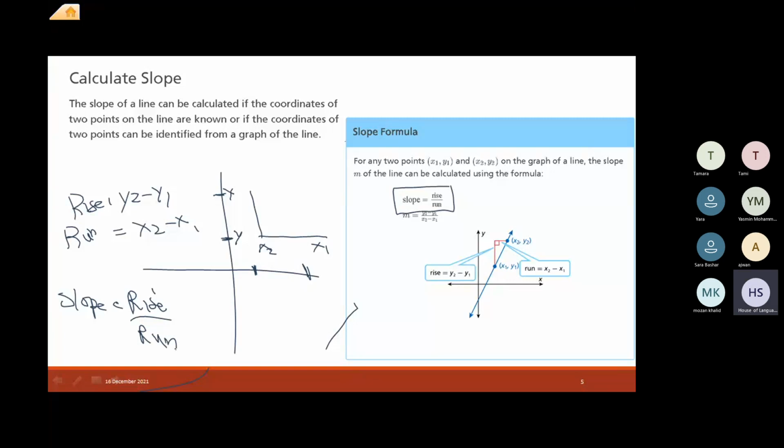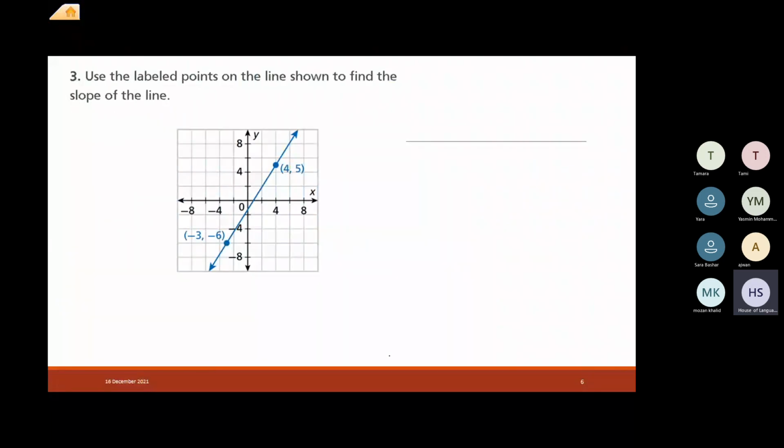In other words, the slope formula is y2 minus y1 over x2 minus x1. Let's have an example. Do you know what I mean by y2 and y1?